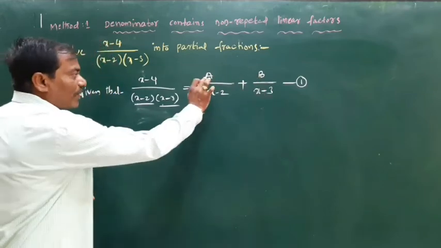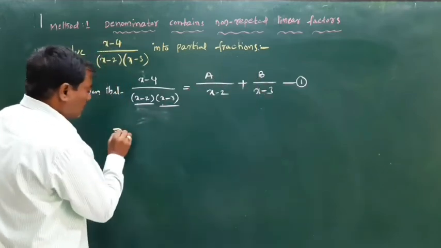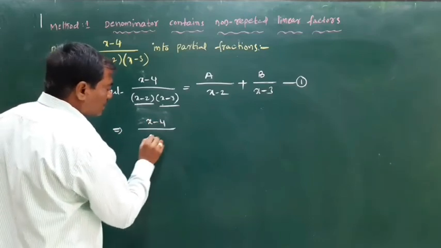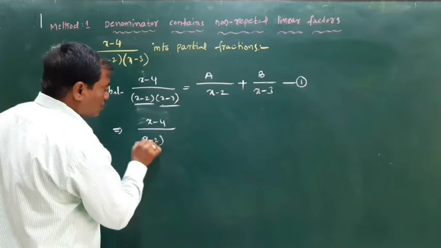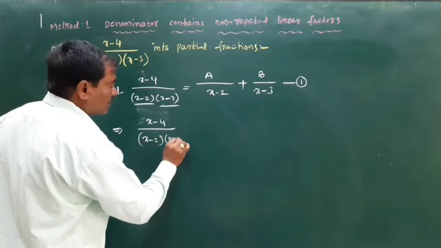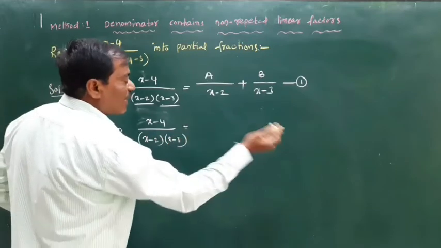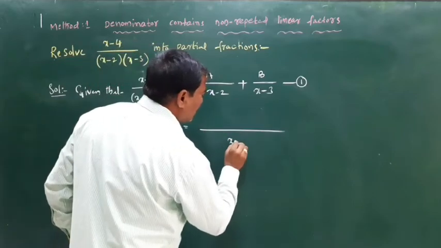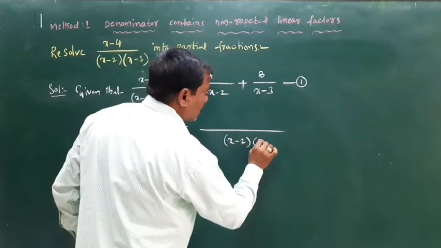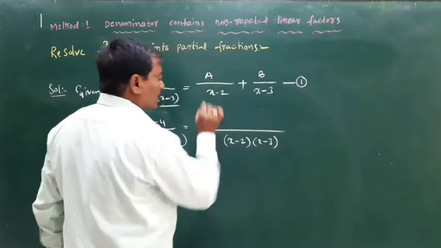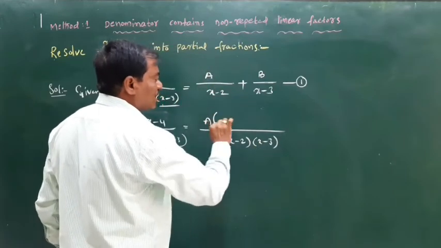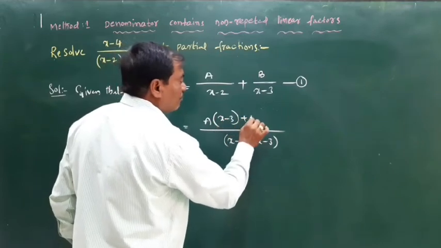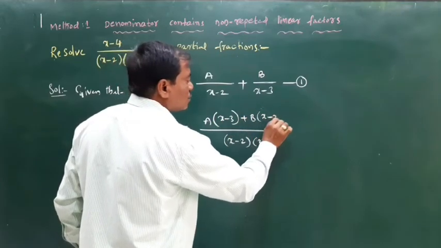In order to find A and B, we write the left hand side expression as it is, x minus 4 by x minus 2, x minus 3, and we find the LCM of the right hand side. The LCM here is x minus 2 and x minus 3. Then we write the numerator: the A coefficient is x minus 3 and the B coefficient is x minus 2.